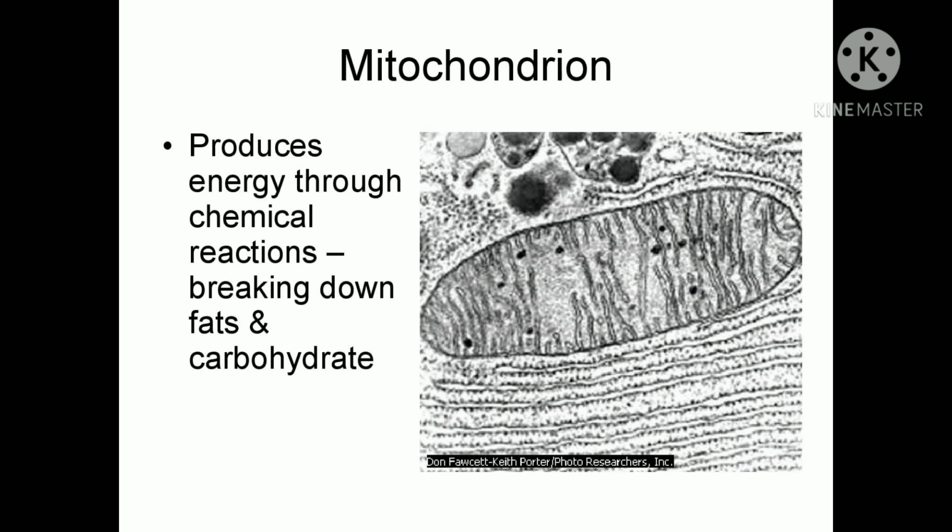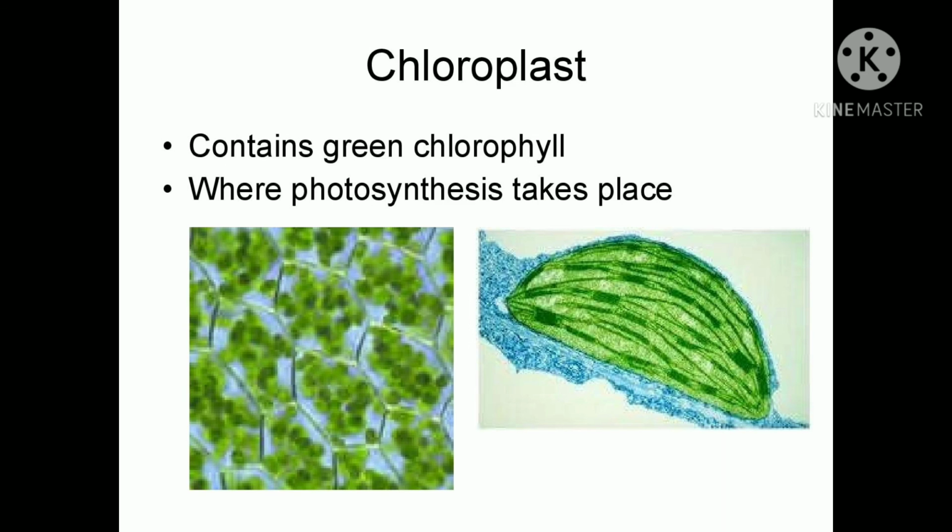Okay, now we move on to the mitochondrion. The mitochondrion produces energy through chemical reactions that break down fats and carbohydrates. You all know the chloroplast. It contains green chlorophyll, and photosynthesis takes place only in the chloroplast.